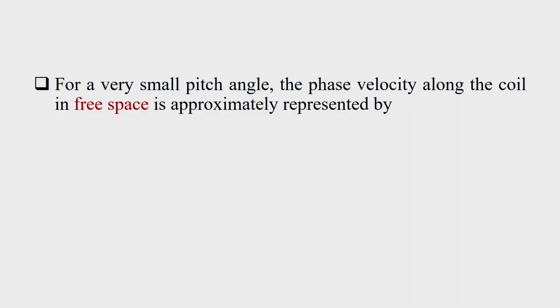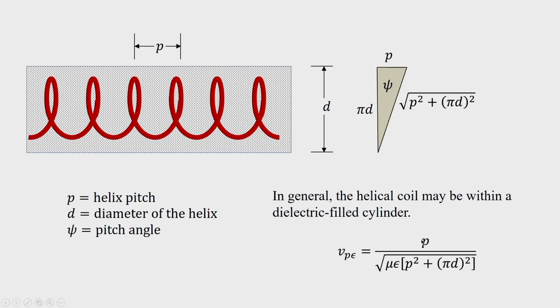For a very small pitch angle, the phase velocity along the coil in free space is approximately represented by V p equal to p c divided by pi d, and this is omega by beta.